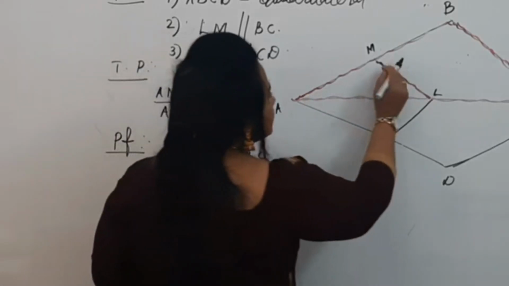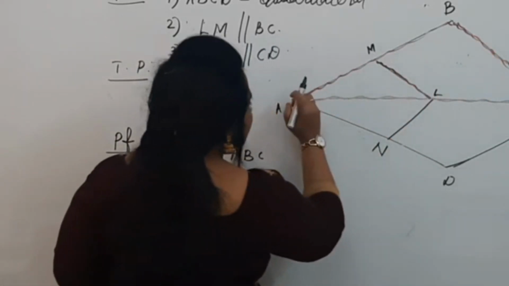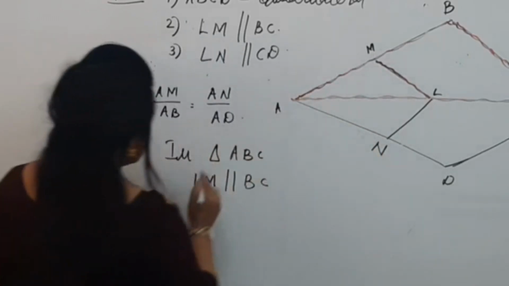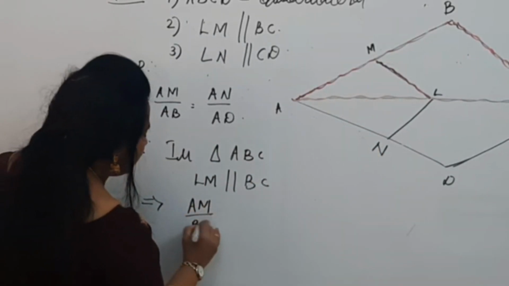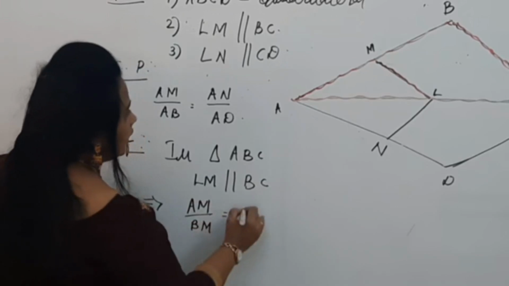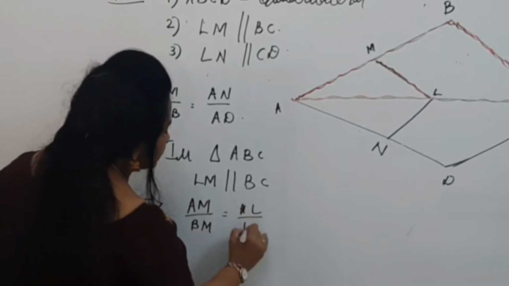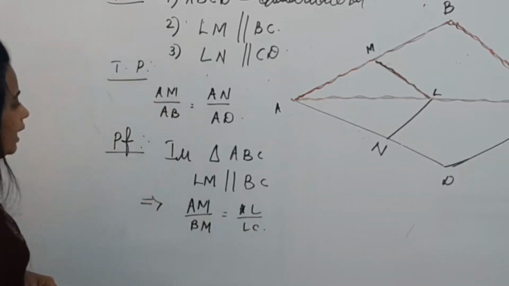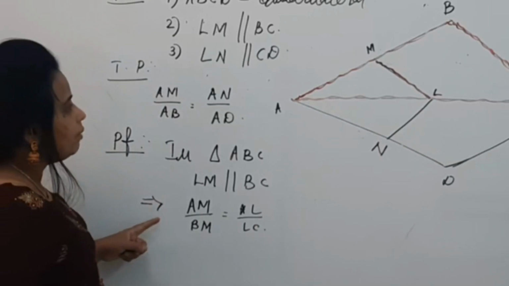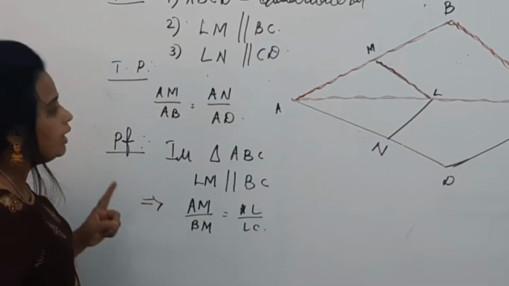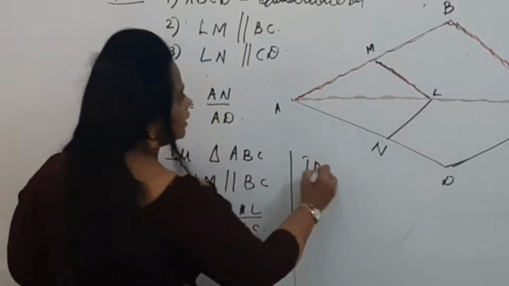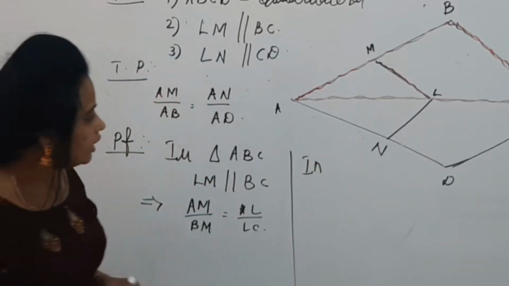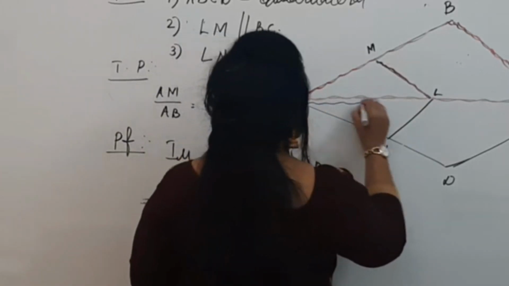So I can see this is parallel to this one. The vertex is here. So my ratios are AM by BM is equal to AL by LC. Hope you understand. Now consider the other triangle, this triangle.